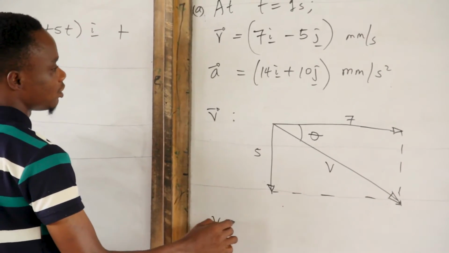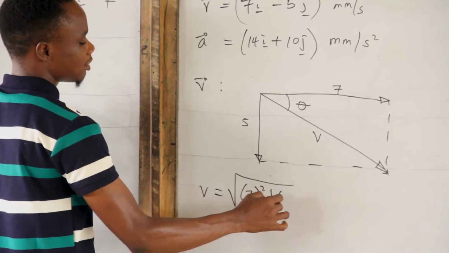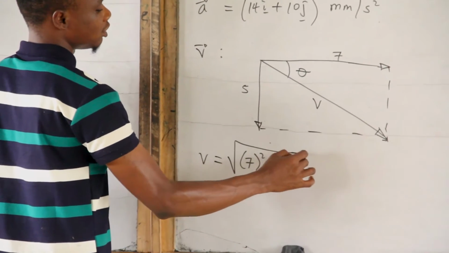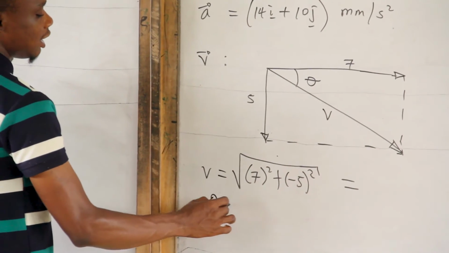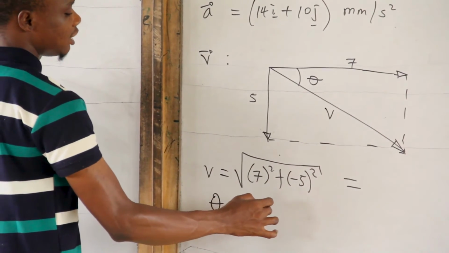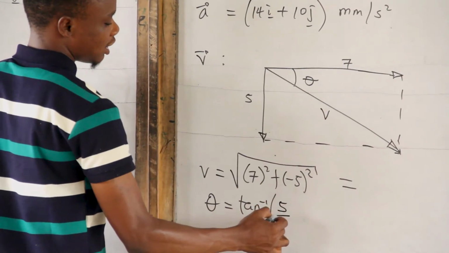So I know v is going to be equal to the square root of 7 squared plus minus 5 squared, and I can get theta equal to tan inverse of opposite 5 over adjacent 7.